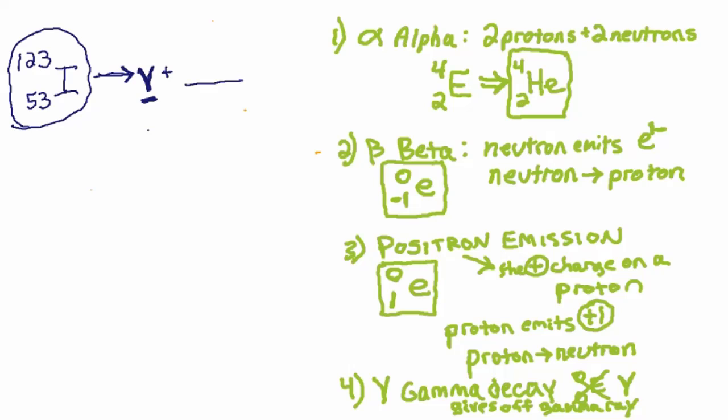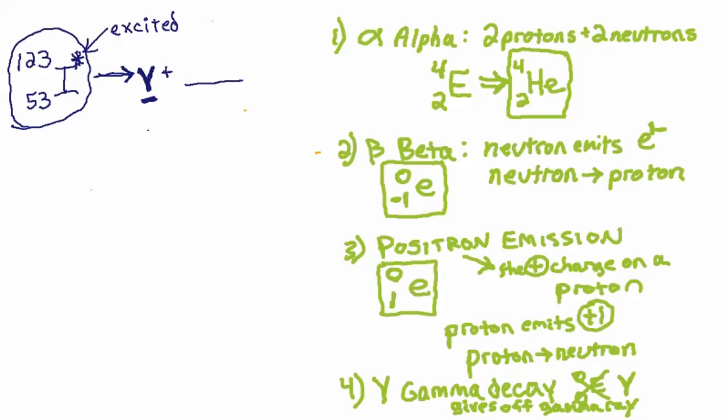If a gamma ray is given off, then that means automatically that this original isotope of iodine 123 gets an asterisk next to it, because that means it was excited, and it was excited enough to give off a gamma ray. So it has to be excited in order to give off a gamma ray.